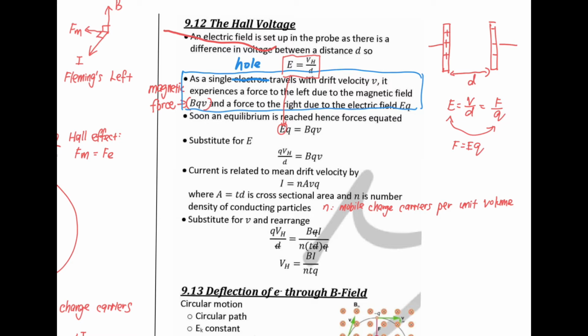That means how many mobile charge carriers, how many moving charges per unit volume, per meter cube, for example. So basically N means that.